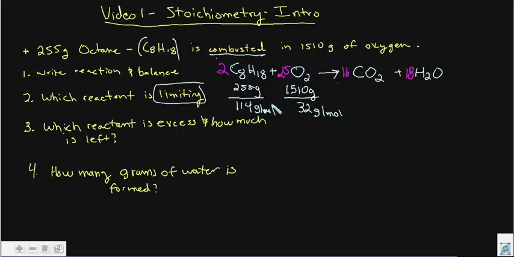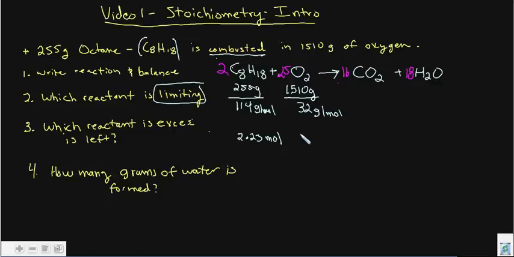I'm going to erase this out of here, it's kind of getting in the way, and we'll get back to that later. So 2.23 moles. When I divide this out, 1510 divided by 32, I get 47.19 moles.